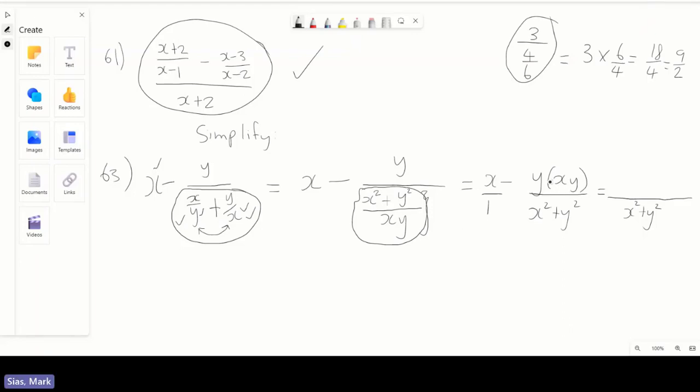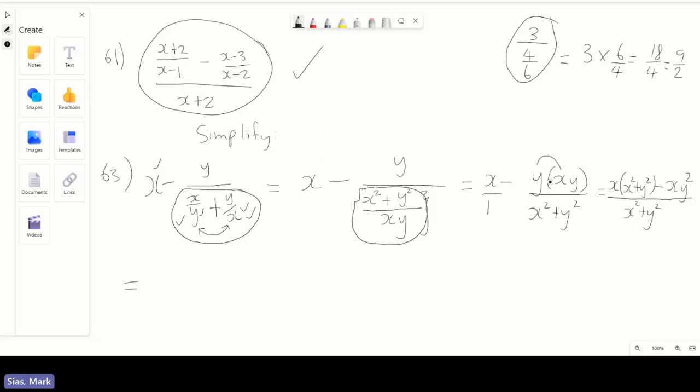I need some space here, but let me see if I can force space here. x times x squared plus y squared minus, and here I can multiply these out. I've got xy squared. Okay, xy squared.